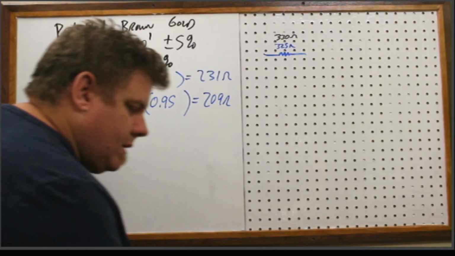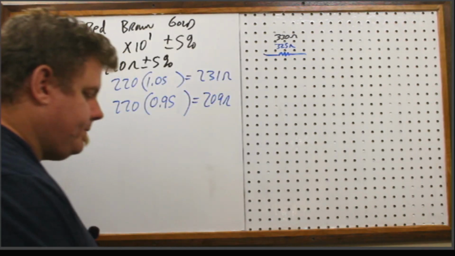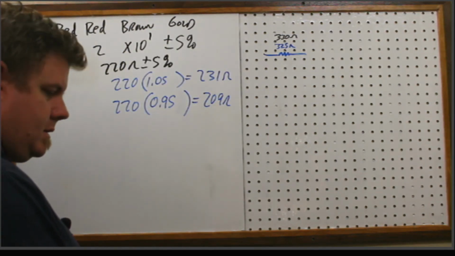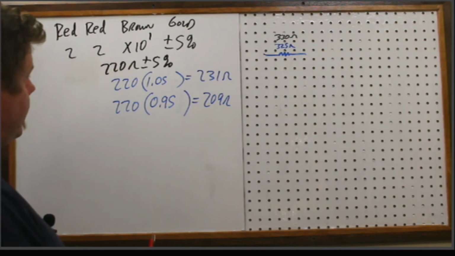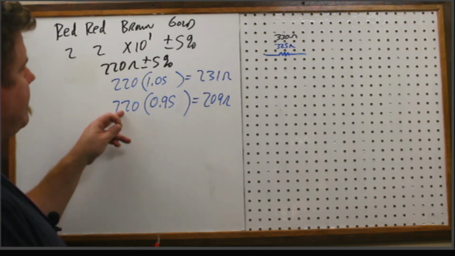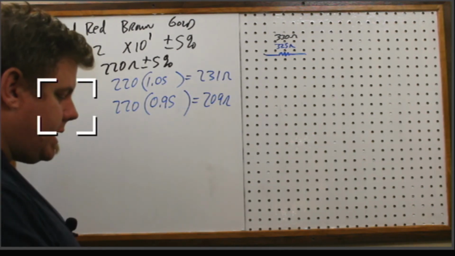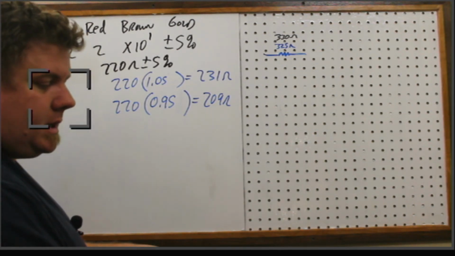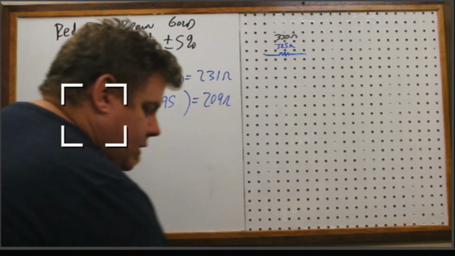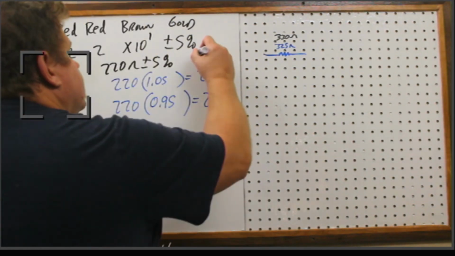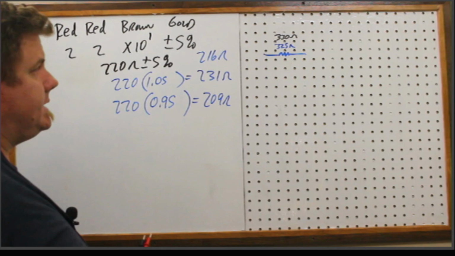So let's see if my particular resistor falls within that tolerance band. Or did I get one that's out of tolerance? Okay, again, I'm going to be just outside of the 200 ohm range, so I'm going to stay in the 2K ohm range on my meter. And it measures 216 ohms. So that one is also within tolerance.